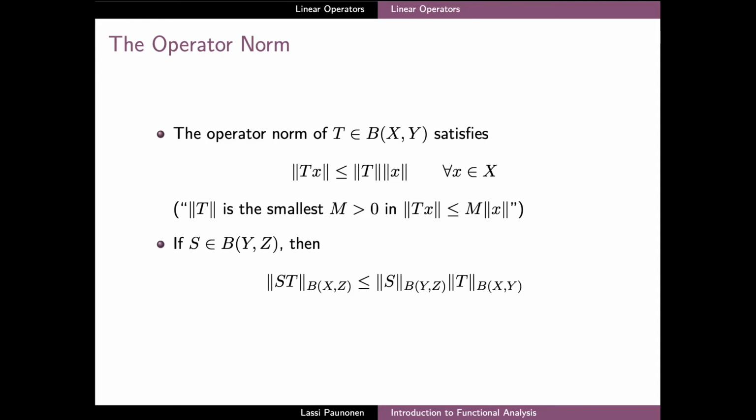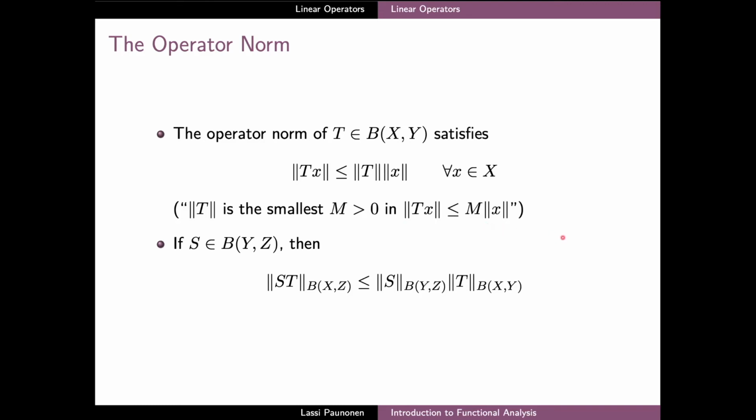This estimate is of the same form as the estimate in the definition of the boundedness of an operator, shown here, and by definition the operator norm is in fact the smallest possible constant m which we can use in an estimate of this form for all vectors x.